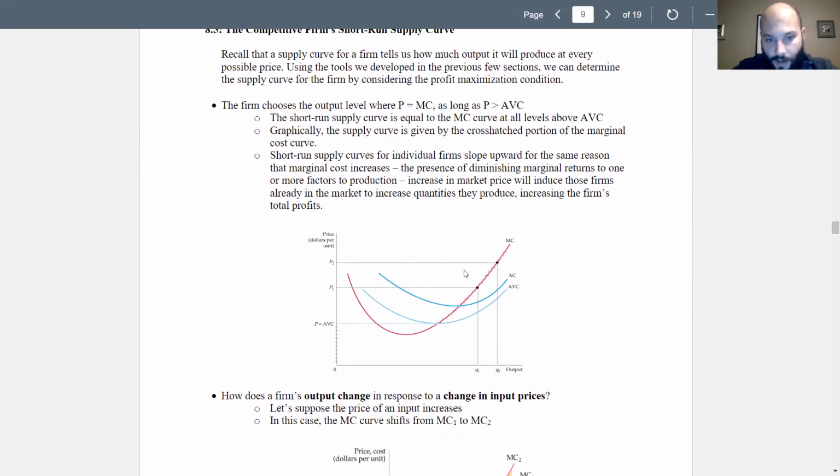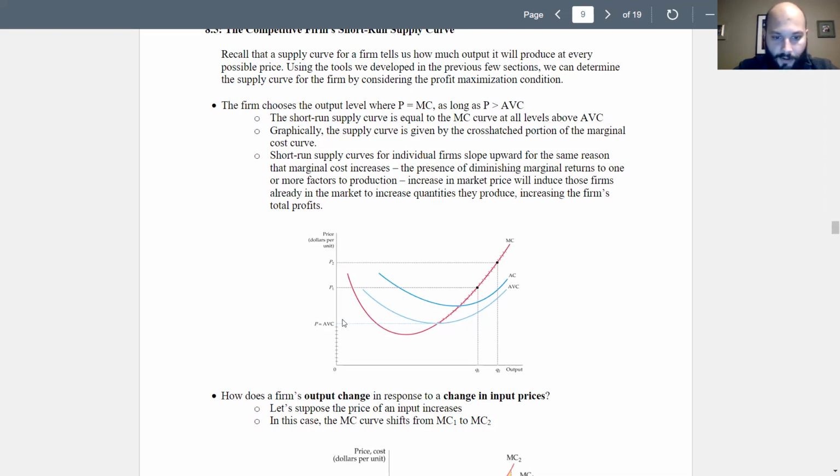So for any possible price above average variable cost, we can trace out the marginal cost curve, and that intersection with price would be the quantity supplied for the firm. In other words, the supply curve for the perfect competitor is marginal cost, which is above average variable cost.